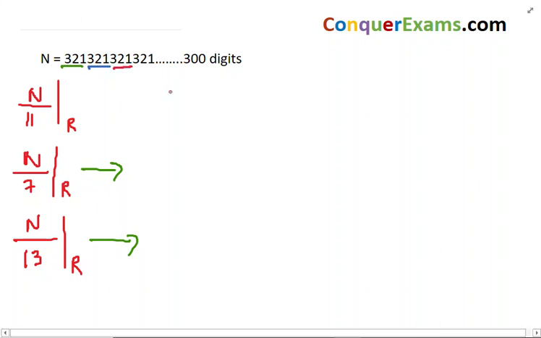So the rightmost triplet would also be 321, which would get a plus, and then the next triplet would get a minus, then the next triplet would get a plus, and it keeps on going. So how many triplets will there be? Every triplet has 3 digits, and you have a total of 300 digits.